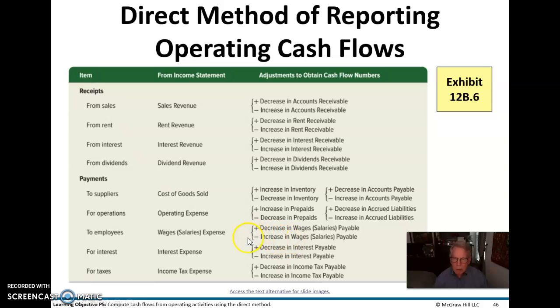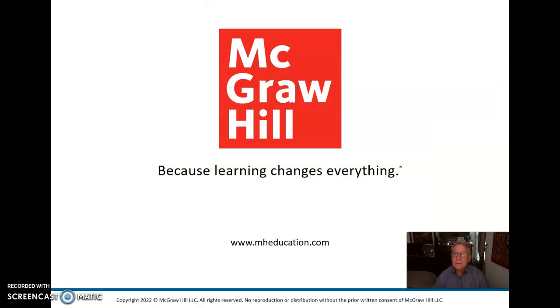Okay, and then we do the same thing for wages, same thing for interest expense, same thing for tax expense. We just use these accounts for that. So I think when you do the homework, this will be a little clearer, but be sure you break your textbook out for this one because it can get a little tricky.